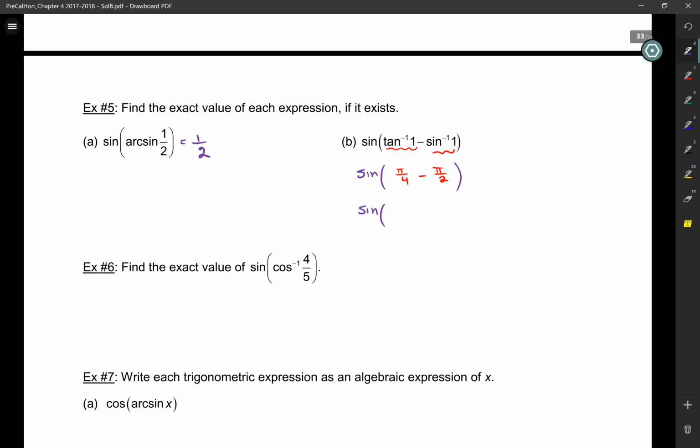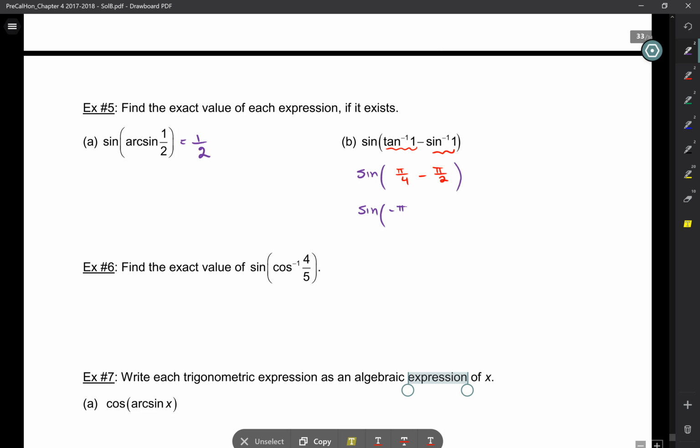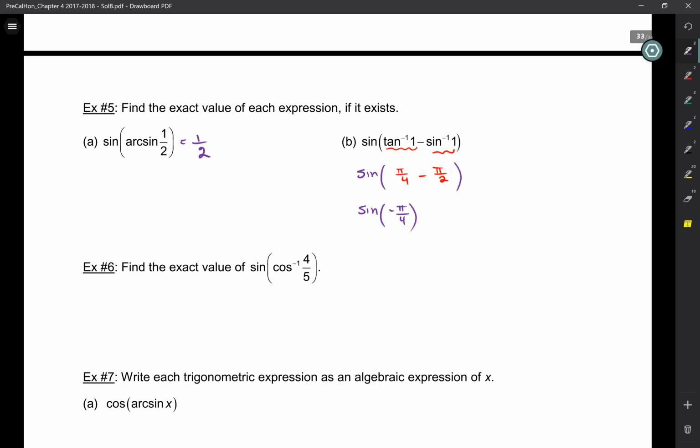It's a trig identity. We'll learn it in chapter 5. Is sine inverse just the same thing as arcsine? Correct. On the calculator, it is the sine to the power of minus 1 button. That's the same thing.